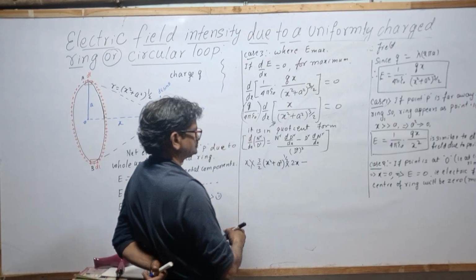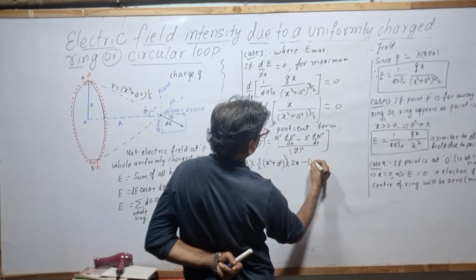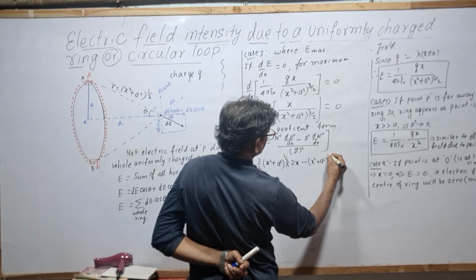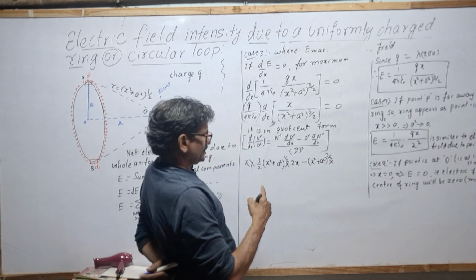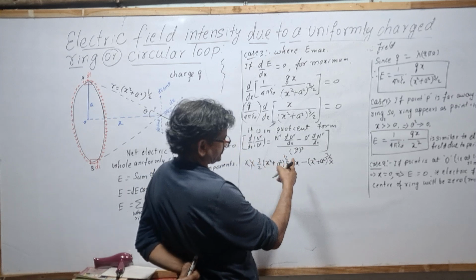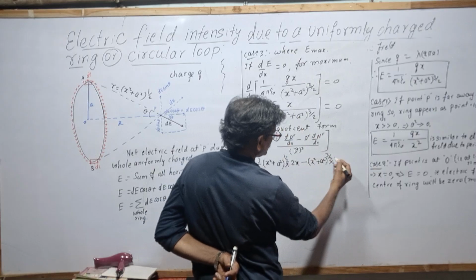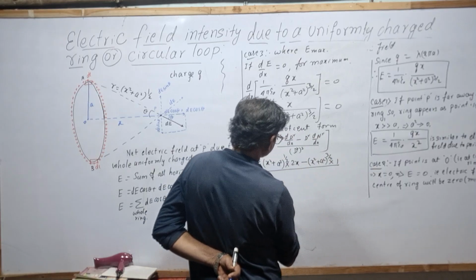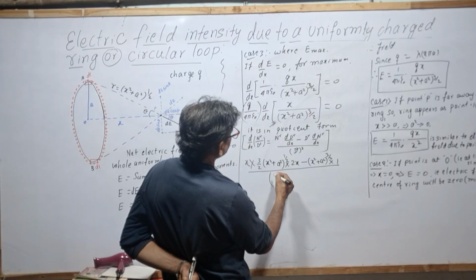Minus, and denominator as it is, x square plus a square to the power 3 by 2, into differentiation of numerator, which is 1, divided by denominator square. What is denominator?